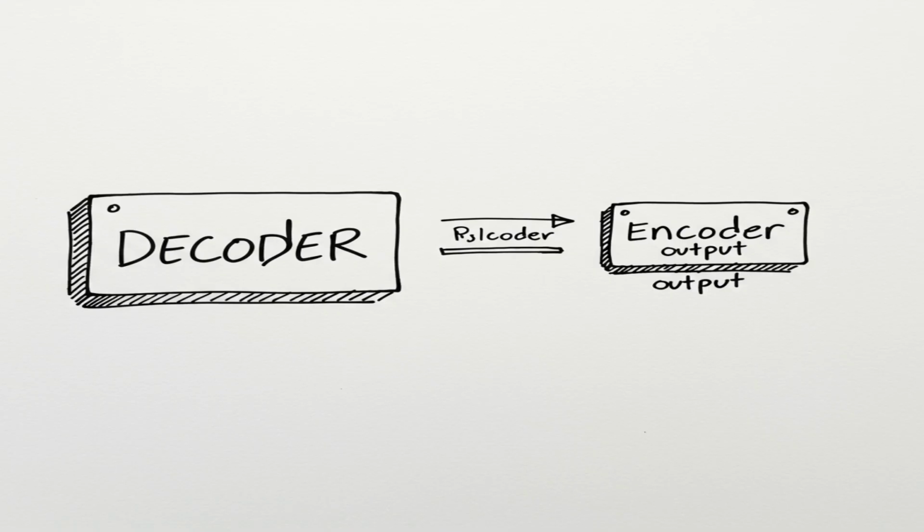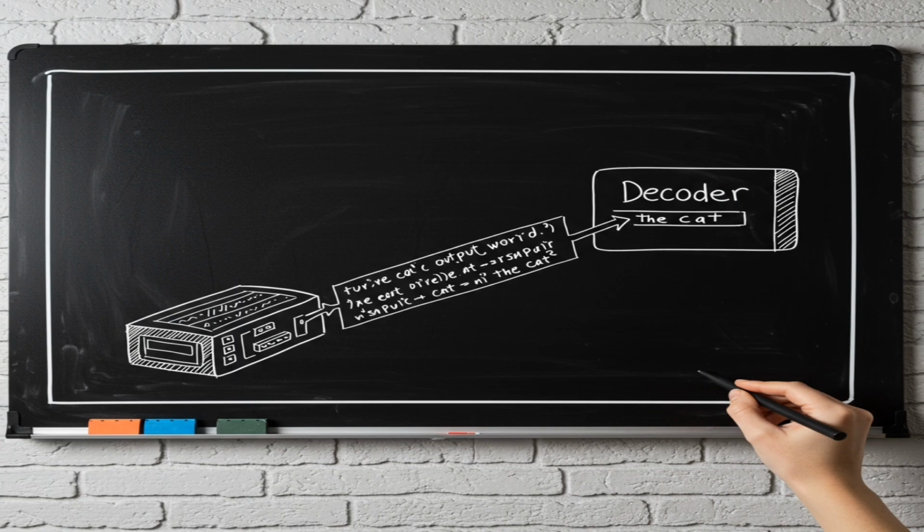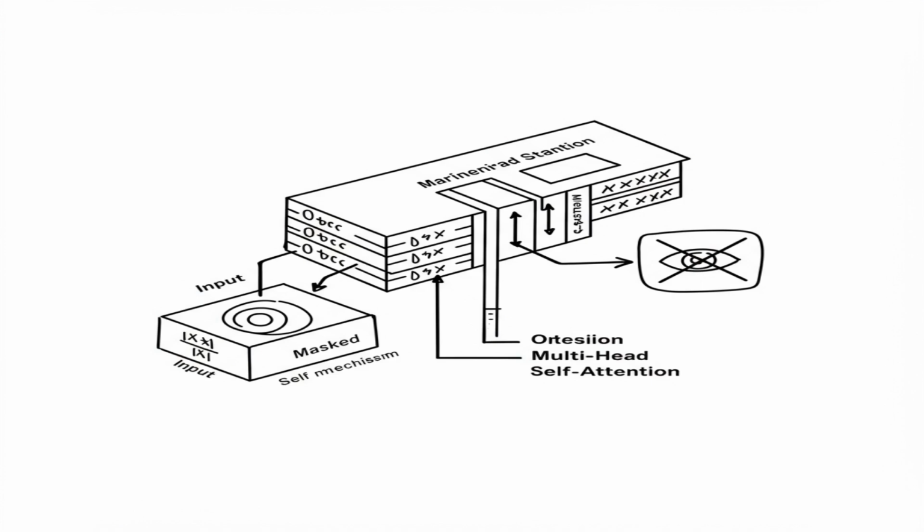Now, let's turn our attention to the decoder. Its role is to generate an output sequence, like a translation or a summary, one word at a time. The decoder takes the encoder's output and the already generated part of its own output sequence as input. The decoder starts with its own masked multi-head self-attention layer.